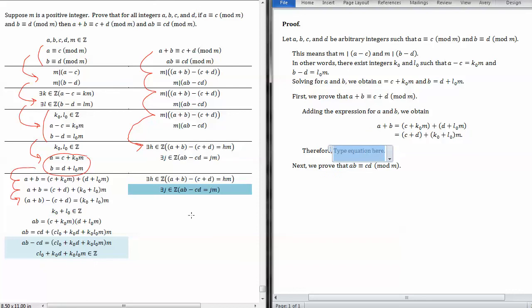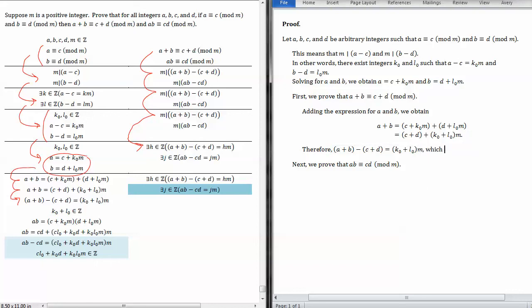Therefore, my last equation, subtracting c plus d from each side, gives a plus b minus c plus d is equal to k naught plus l naught times m, and that's what we want.